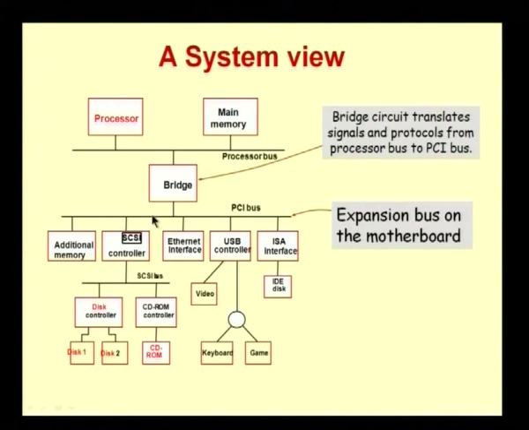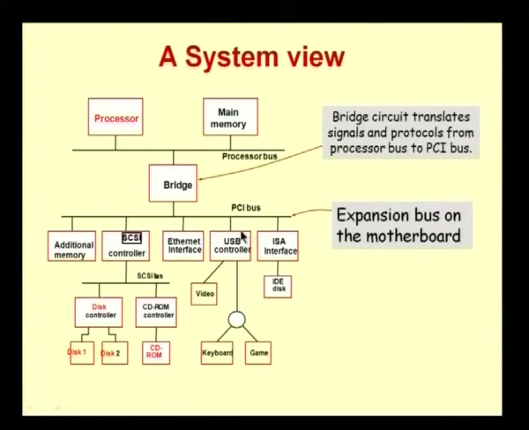You have the PCI bus to which the SCSI controller is connected, and the SCSI controller is connected to the SCSI bus, and through the SCSI bus we have different devices connected through their respective controllers. So, disk 1 and disk 2 are connected by means of the disk controller to the SCSI bus. CD-ROM is connected by means of its CD-ROM controller to the SCSI bus. Okay, this is how the SCSI bus would be connected.